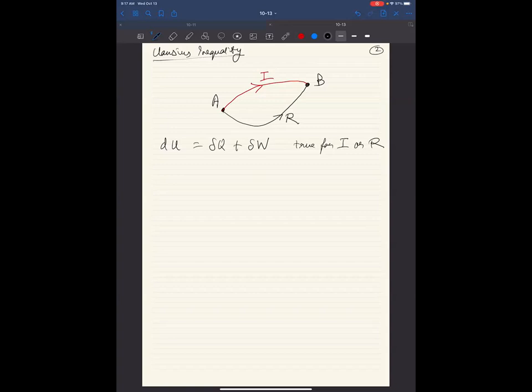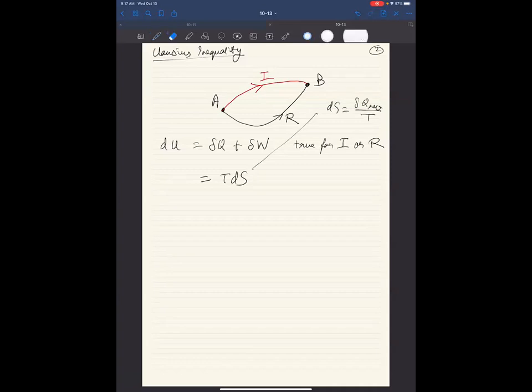One of them is that this delta Q is the same as TdS for a reversible path, because dS is defined as delta Q reversible by temperature.